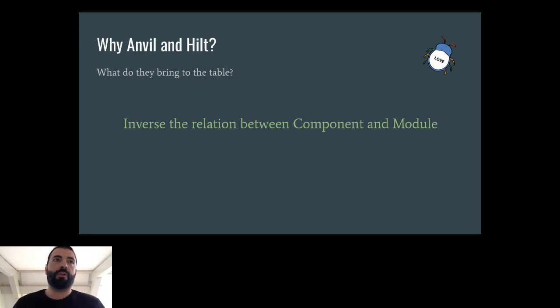As I showed before, in vanilla Dagger, the component would define the modules that it will have, right? With Anvil and Hilt, it's inverted: the module defines where it will be injected or used. So this will give us a lot more flexibility than it actually sounds, which I'm going to show right now.